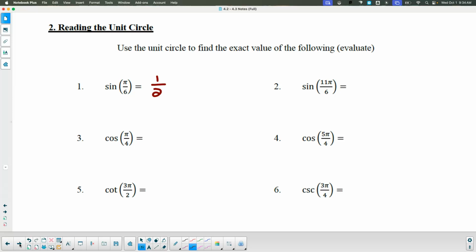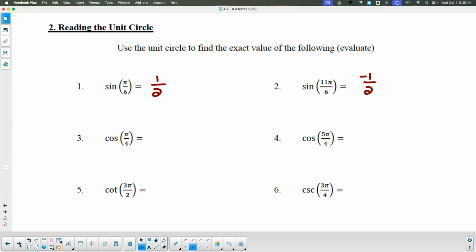What would the sine at 11 pi over 6 be? Do we agree with negative 1/2? Y part at 11 pi over 6 would be negative 1/2. Okay. Cosine is x, y, y over x, x over y, 1 over y, 1 over x.